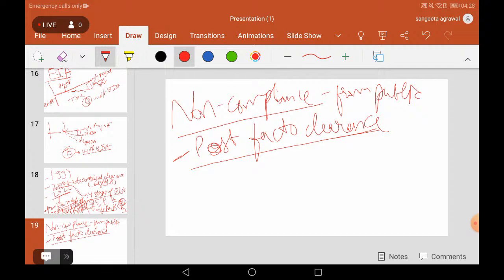Now, the 2022 amendment has come recently in July 2022. So let's see what they say.